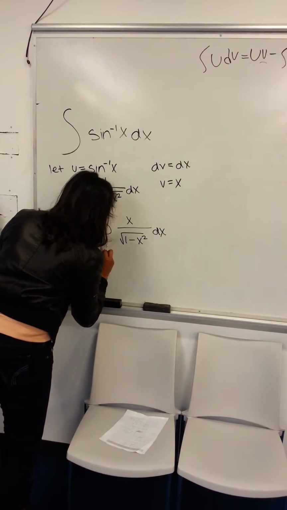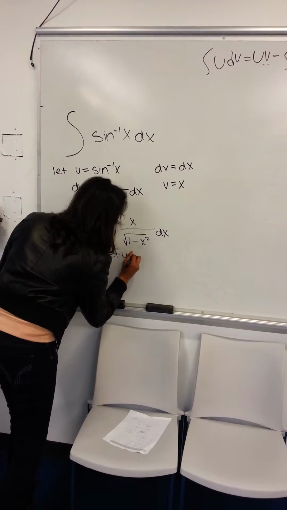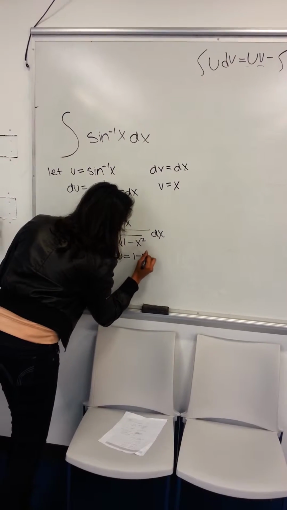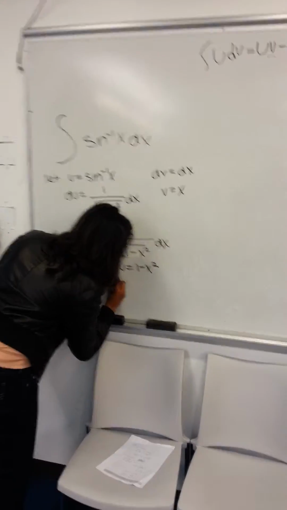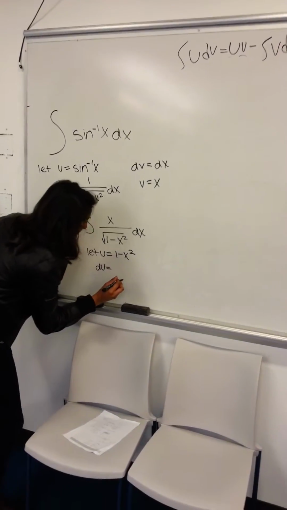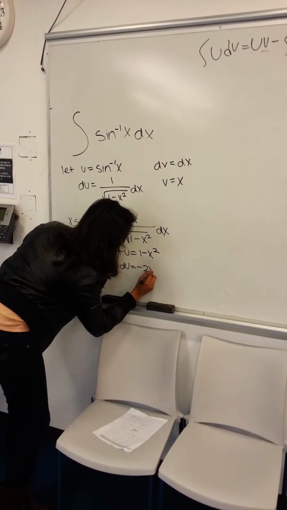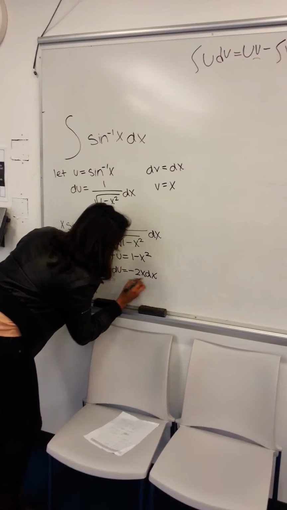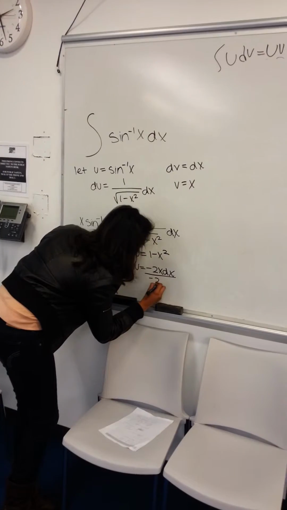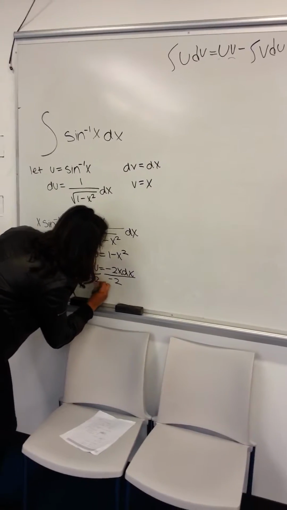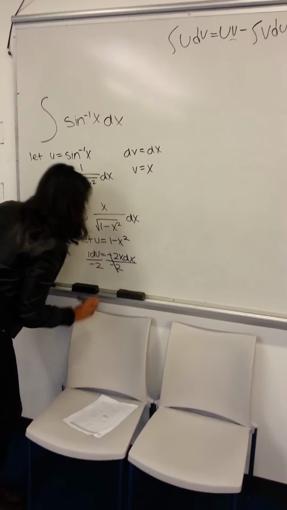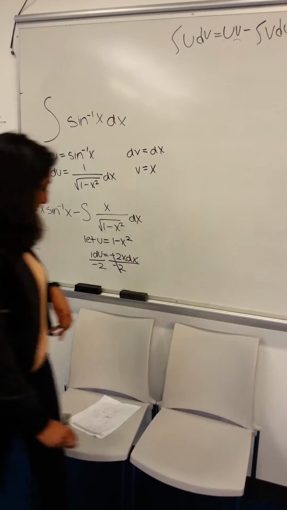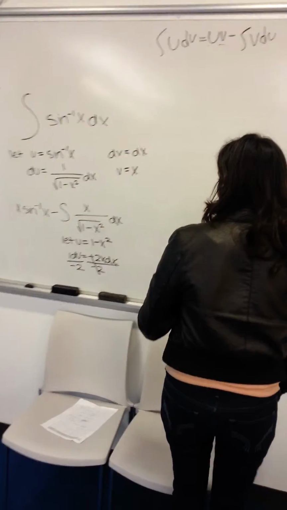We could let u equal 1 minus x squared, and then du is equal to negative 2x dx. We divide both sides by negative 2. And then we just plug it in.